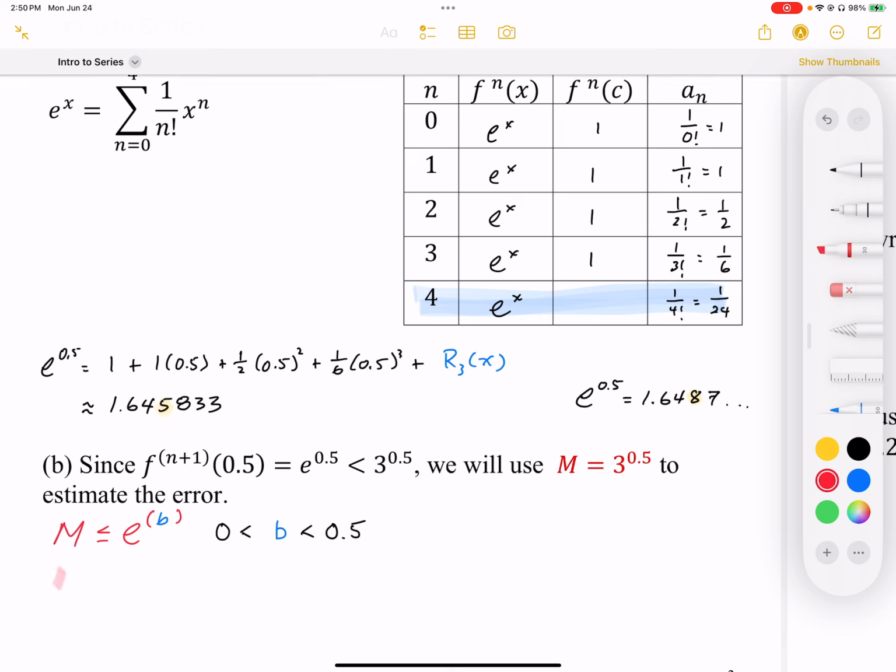So our m value is going to be less than or equal to e to the 0.5, and that's even less than 3 to the 0.5, which we're going to use as 1.732.